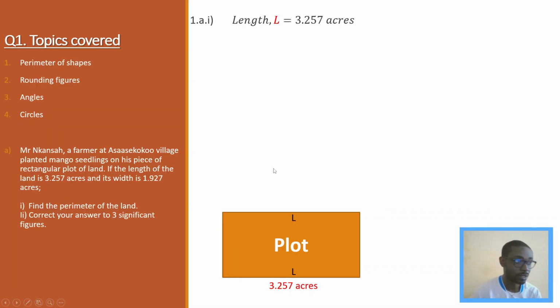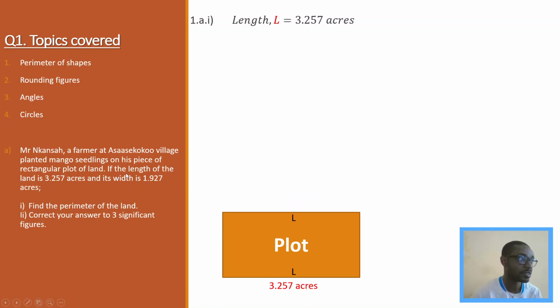So we can visualize this plot of land that they are talking about. He said Mr. Nkansa has a plot of land and it's rectangular in shape. We know what a rectangle is. Anytime you hear the word rectangular, what should come to your mind is the shape of a rectangle. We know that a rectangle has a length and a width.